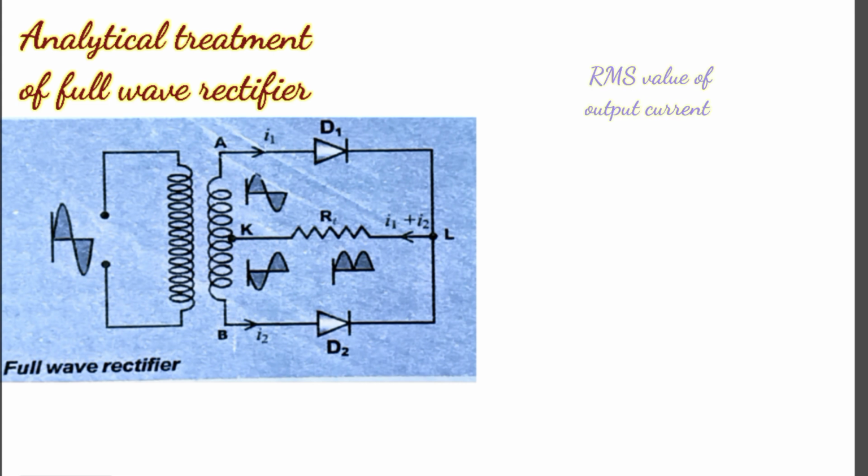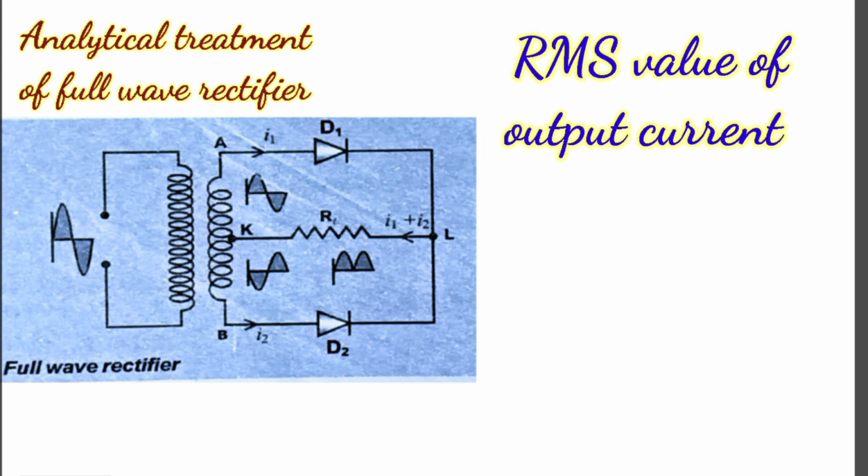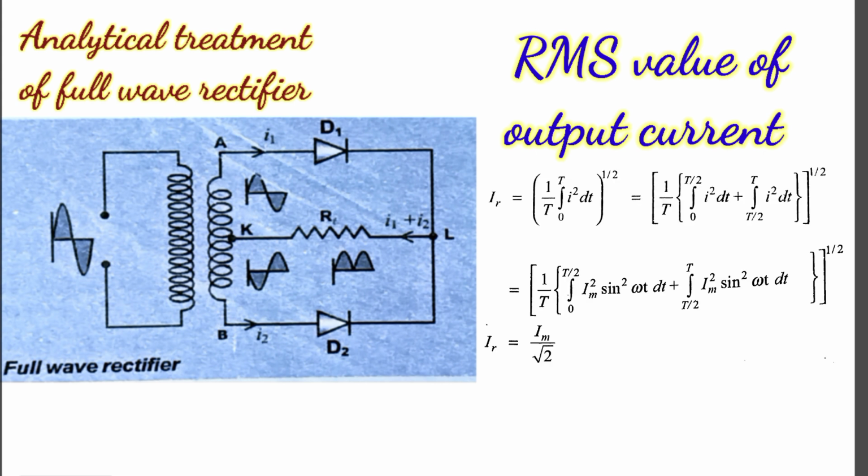Now let us calculate the RMS value of the output current. The RMS value of the current is the root of the mean of the square of the current.